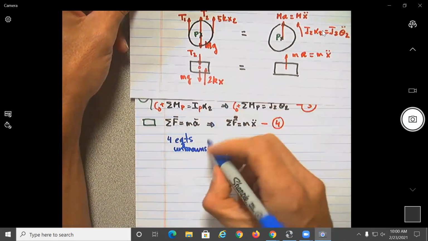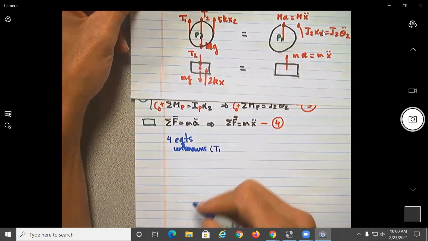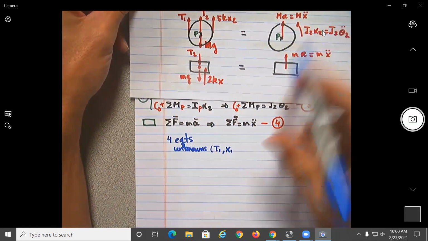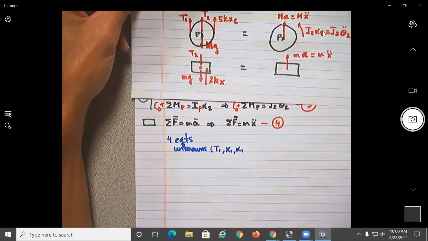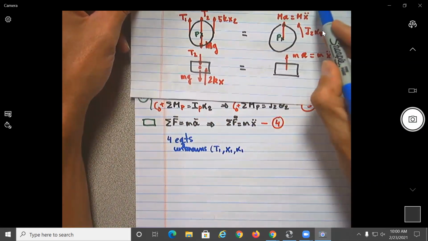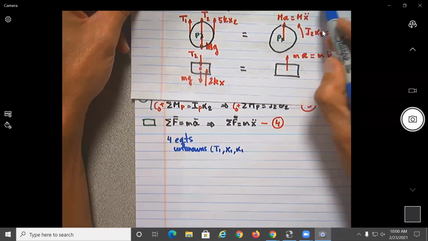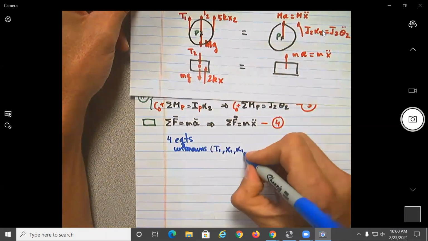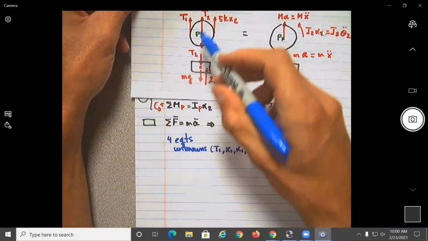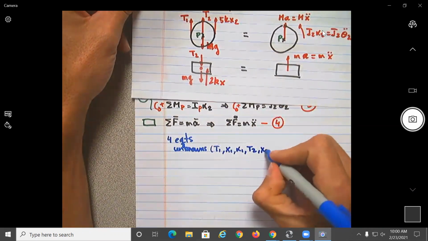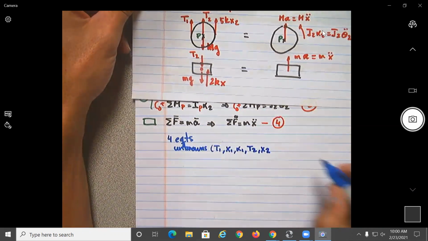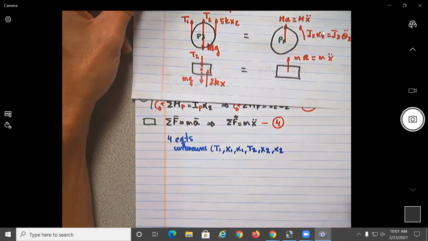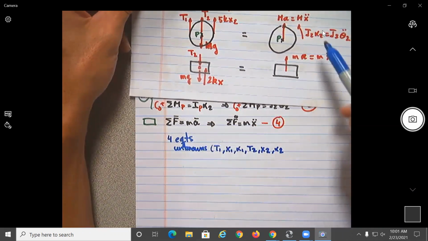Probably T1, X1, and let's say alpha 1 would be unknown, no? Yeah? Out of the second figure, what would be unknown? T2, X2, and alpha 2. If I miss something, let me know.